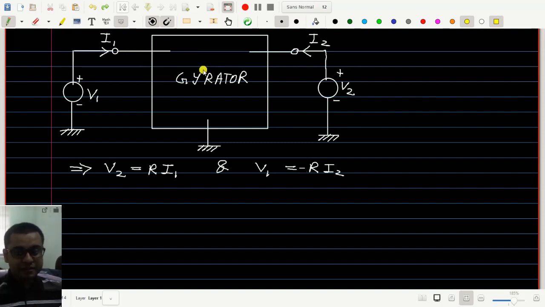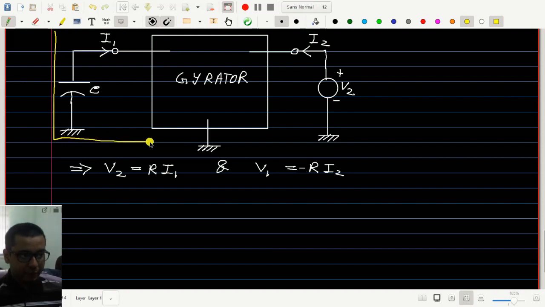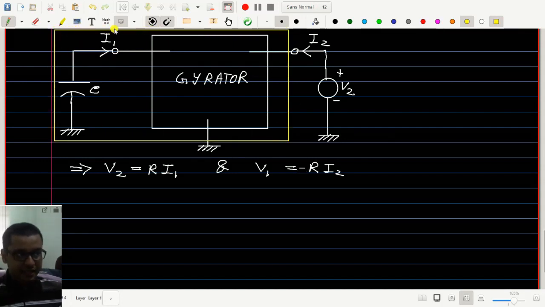Now what can we do with this gyrator circuit? We can turn a capacitor into an inductor. Sounds funny, right? Let us see how to do that. We will connect a capacitor here in this port 1, with capacitance value C, and then let us consider this capacitor together with this gyrator as a single black box.